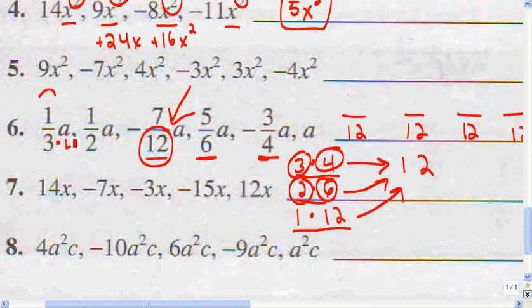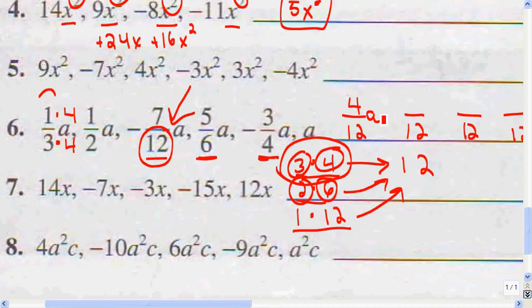Well, the other factor is 4, because 4 times 3 equals 12, right? We have it right here. So what you multiply the denominator by to get 12, that's what you're going to multiply the numerator by. So since we multiplied the denominator by 4 to get 12, we're going to multiply the numerator by 4 to get our new numerator. So 1 times 4 is 4. So that's our new numerator there. I'm going to put our a here.